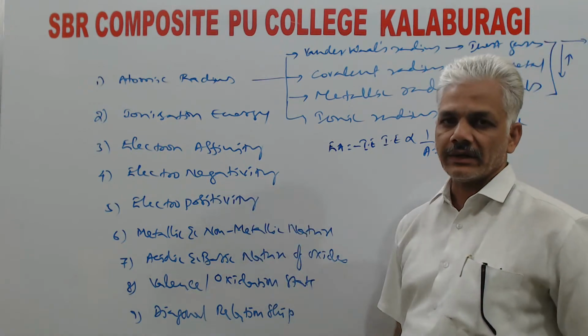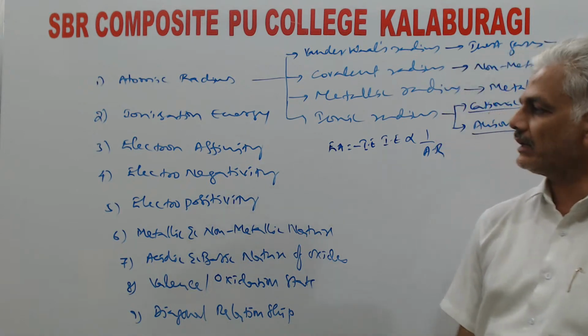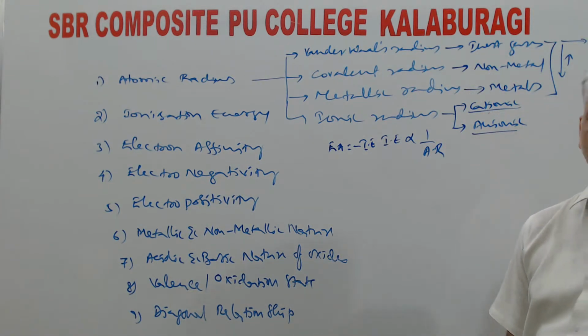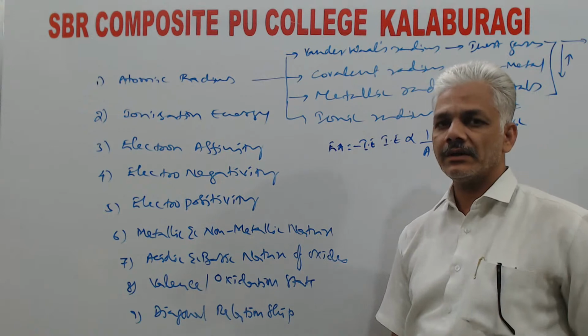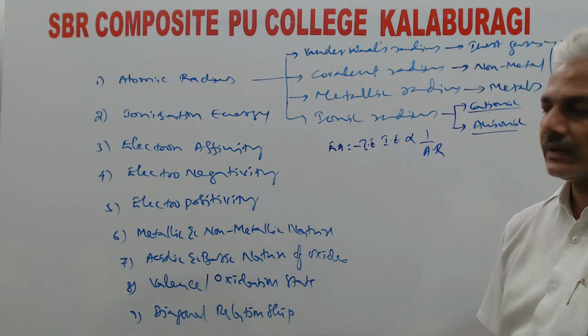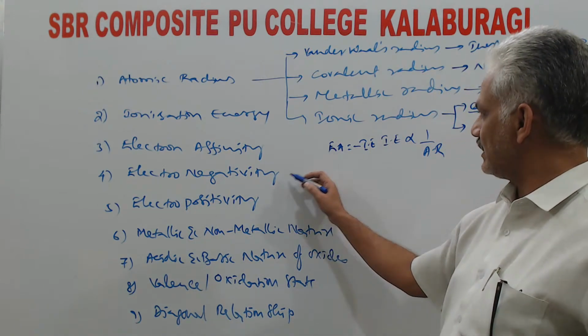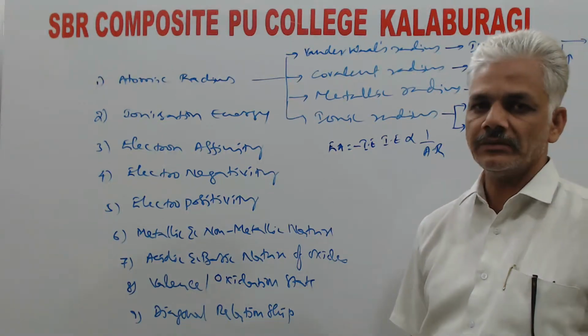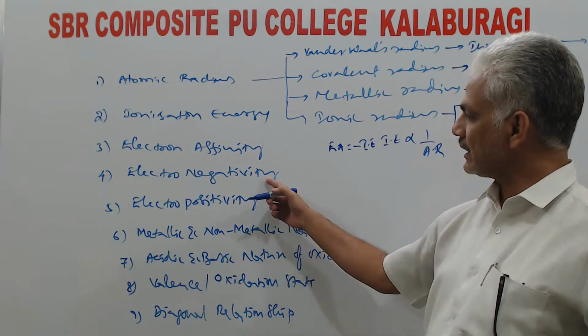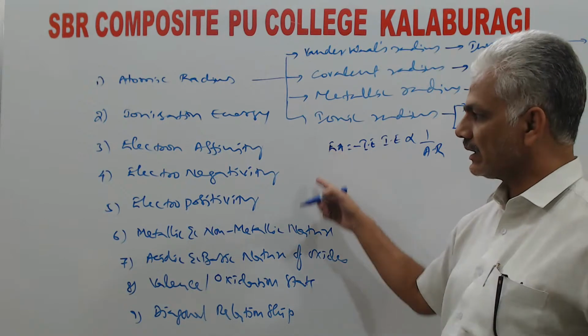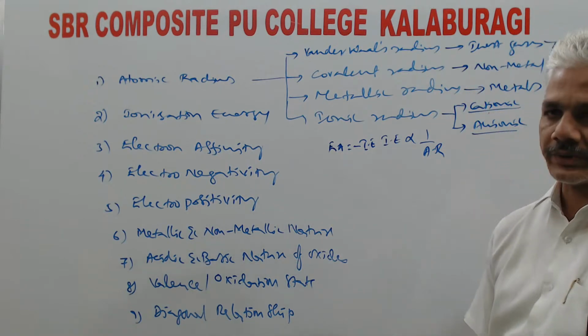Then electronegativity. It is the capability of an atom to attract the shared pair of electrons more towards itself. This electronegativity is also inversely proportional to atomic radius. It increases along a period and decreases down the group.